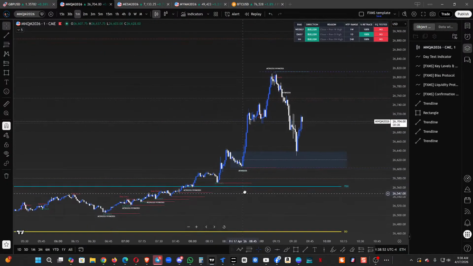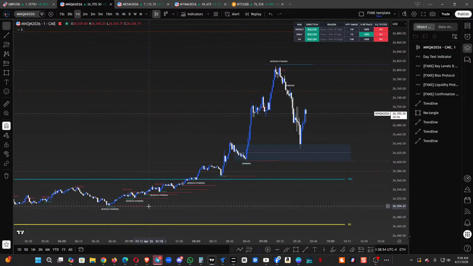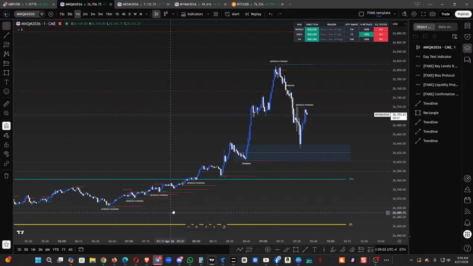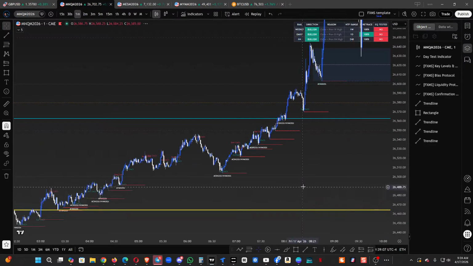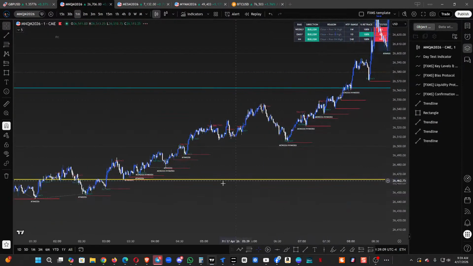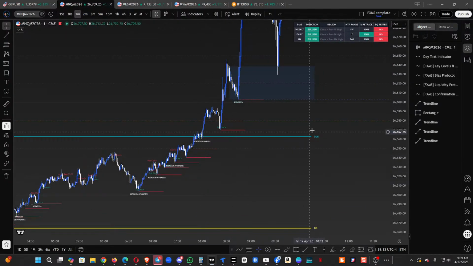Look at all of these lows down here. Now, is that stacked liquidity or is it stacked liquidity?